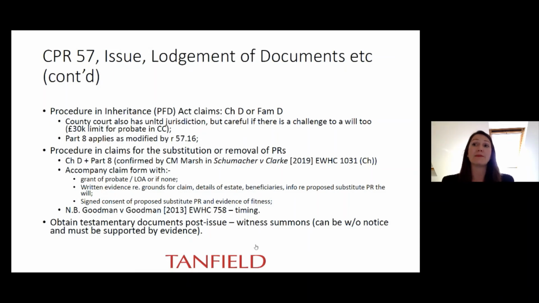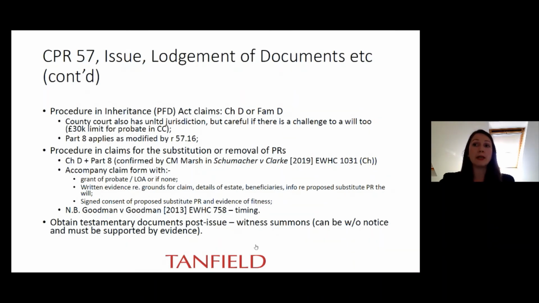And if the claim is for the appointment of a substituted personal representative rather than just the removal of one of the personal representatives, then a signed consent to act must also accompany the claim, and evidence of fitness of the proposed substitute.